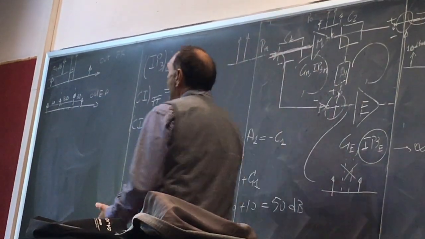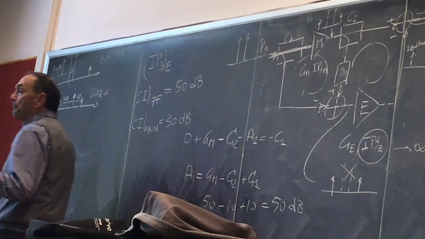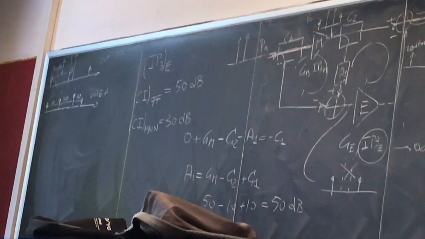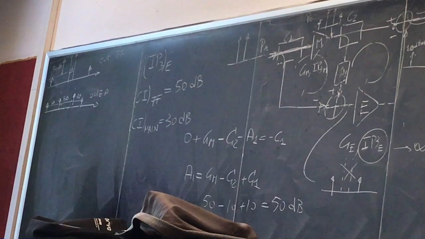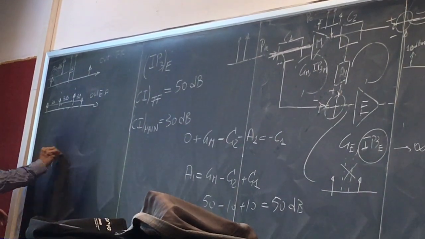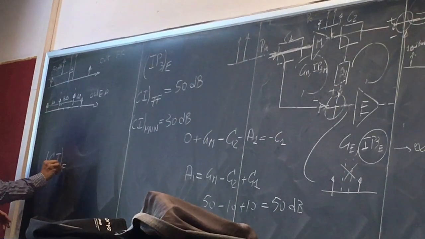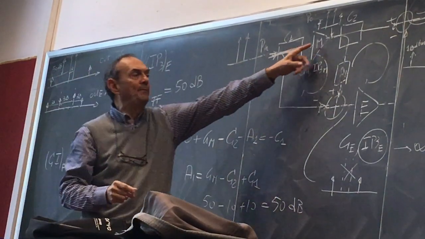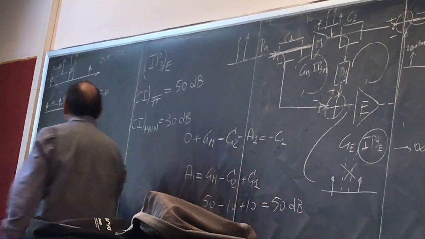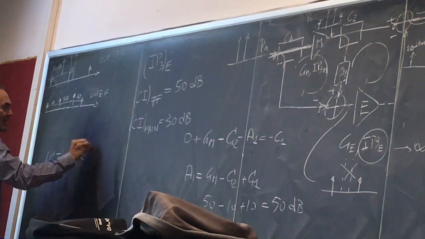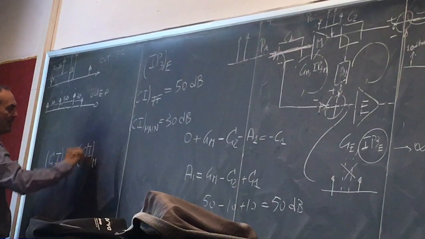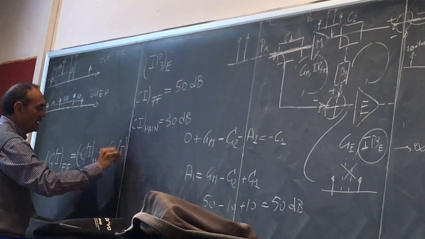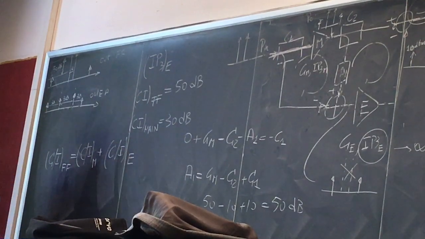We have seen that when the two loops are perfectly balanced, but the error amplifier is not ideal, the relationship between the carrier to intermodulation of the feed-forward and the other two, that is the carrier to intermodulation of the main amplifier and the error amplifier, is simply this one: C2I of main amplifier plus C2I of error amplifier.